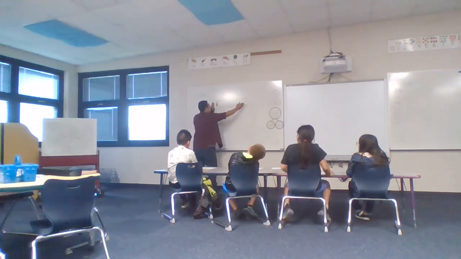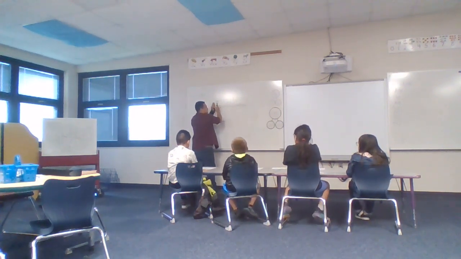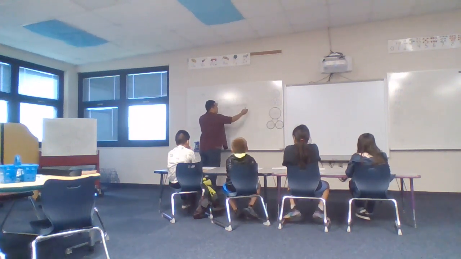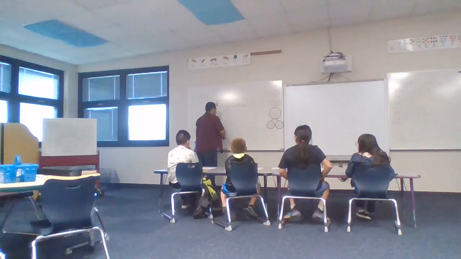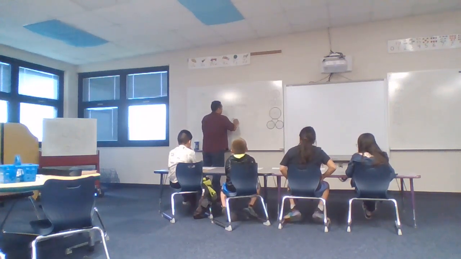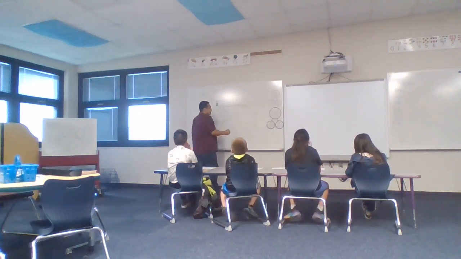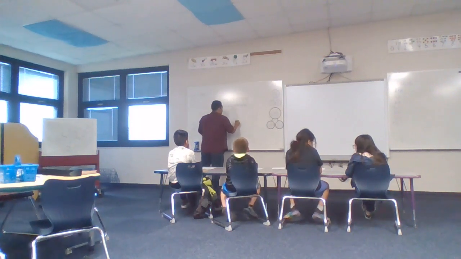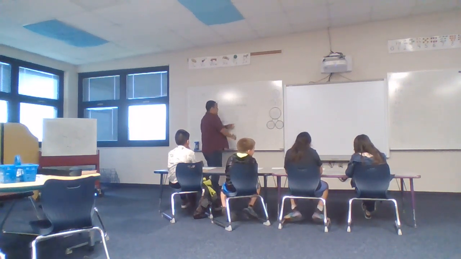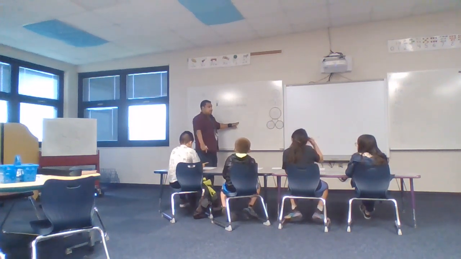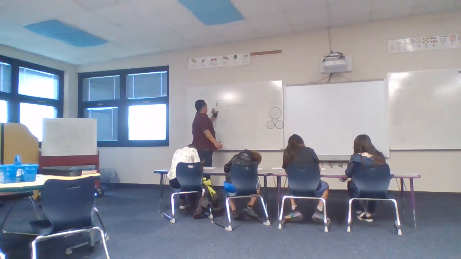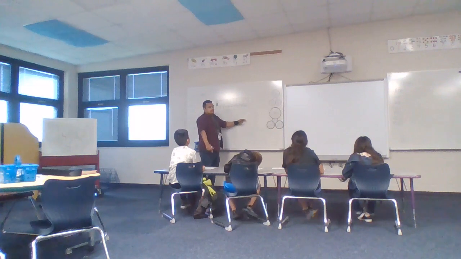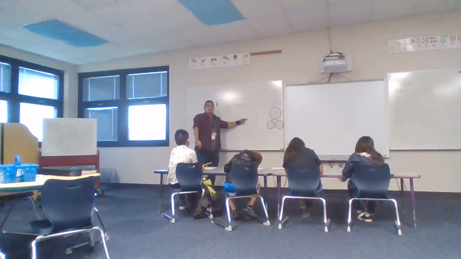Since I'm using just a piece of it, is it going to be a whole number or a smaller number? Smaller. It's going to be a way smaller number. So you can cross out the 1. That's why when you see decimals, you see a 0, and then the decimal. Because this is 1, but when you're just using pieces, they get smaller, and that's why we use decimals.